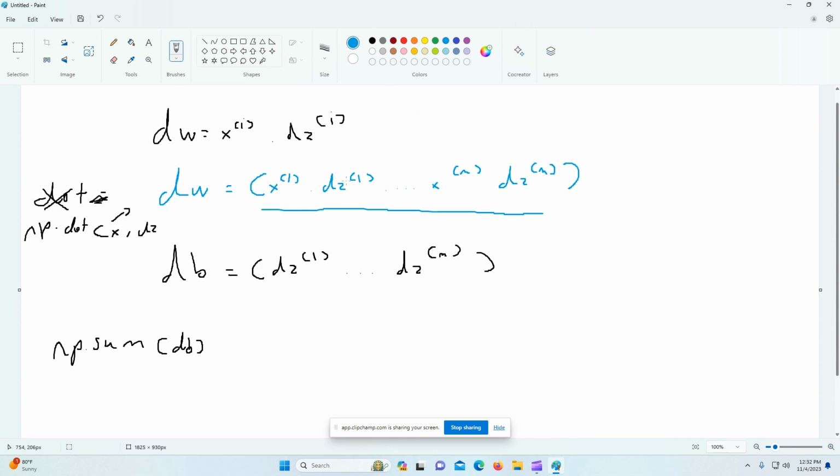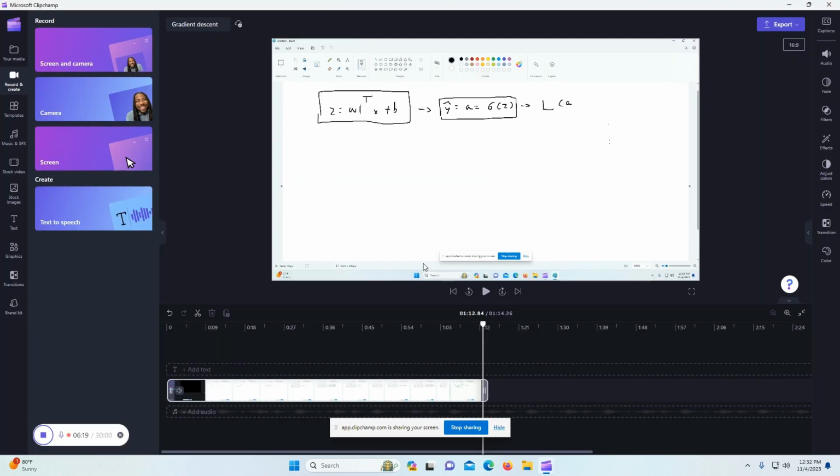If you don't know vector multiplication, we just take the dot product, and it multiplies the first one, the second one, and does that until it's finished.